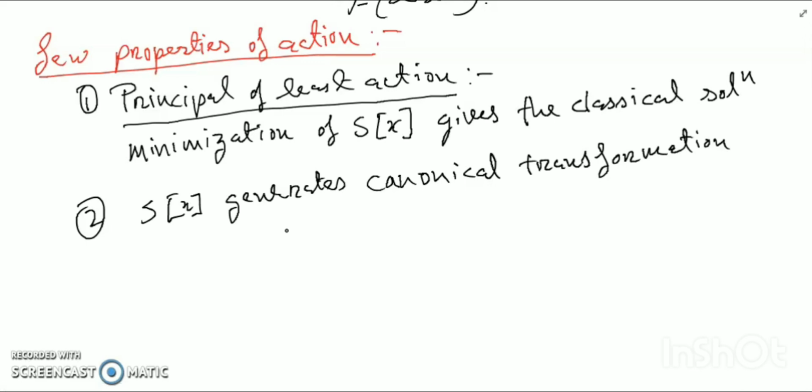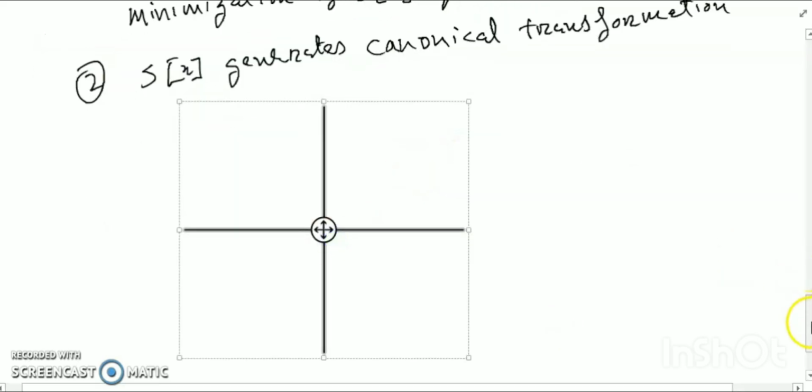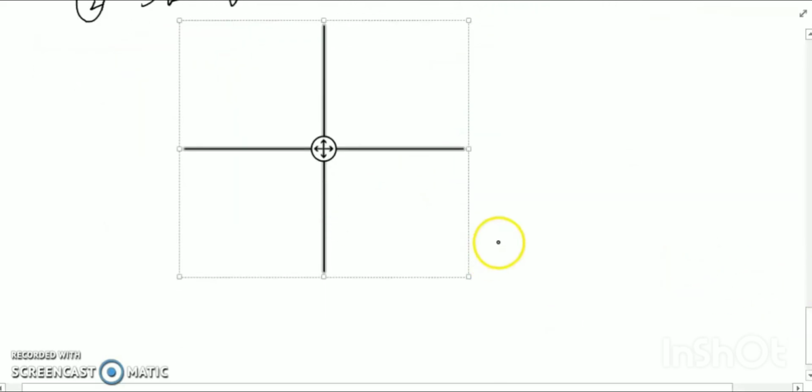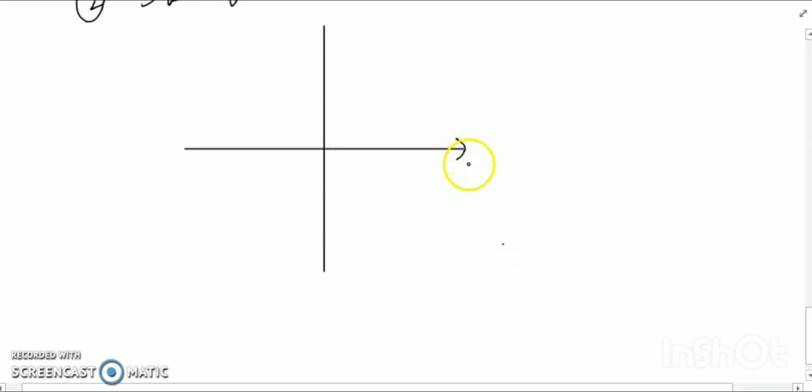For example, harmonic oscillators. This is X and this is P.